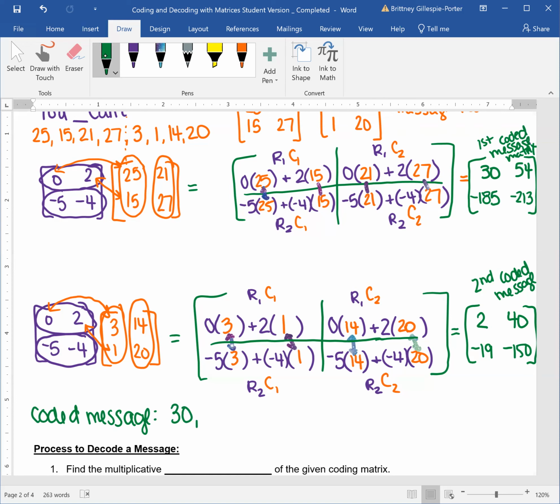Pull the numbers out from their vertical position. So next is -185, then 54, -213. If we were just doing one matrix or one message, that would be done, but we need to pick up the answers from the second coded matrix, starting with the 2, -19, 40, and -150. And there we have our coded message.